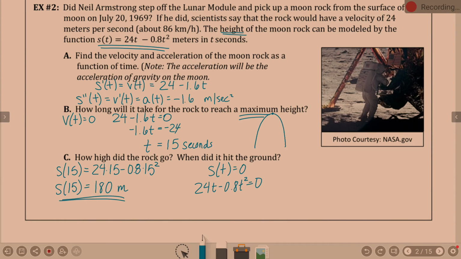If I factor out a GCF of t and also a GCF of negative 0.8 works quite well actually, because 24 divided by 8/10 is 30. So you end up with a t minus 30 in parentheses.